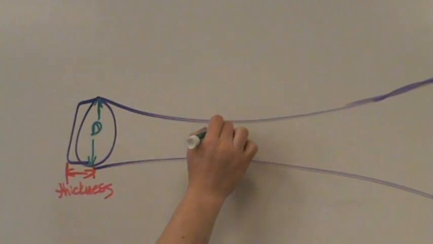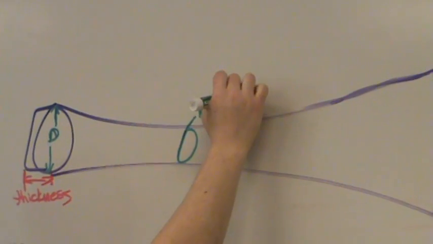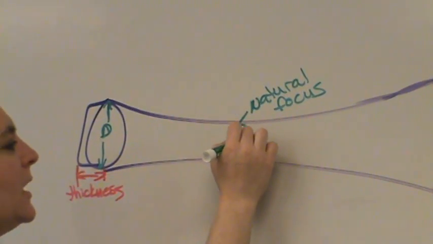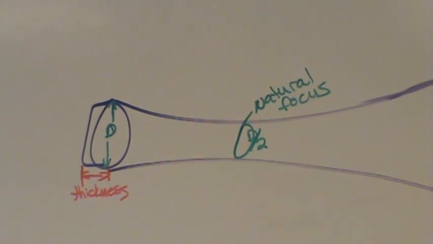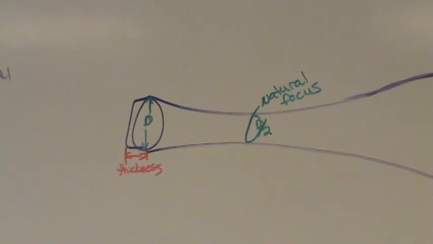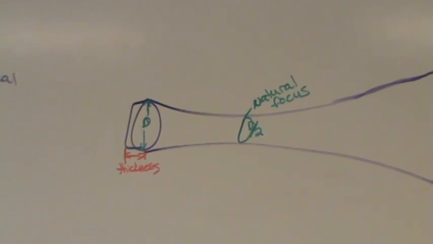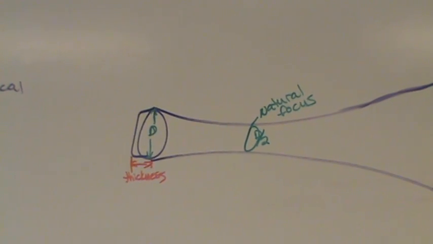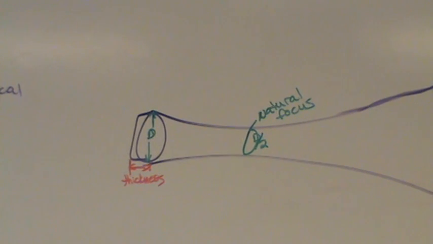So remember there's an area here where the beam gets to its narrowest point, and that diameter at that point is half the diameter of the crystal. If we're dealing with a single element, simple transducer design, they often on the test will call this a single element unfocused transducer. And unfocused usually throws people because they're like, well, if it's unfocused, why does it have a focal zone? Unfocused just means that they didn't add additional focusing to it. They didn't add a lens.